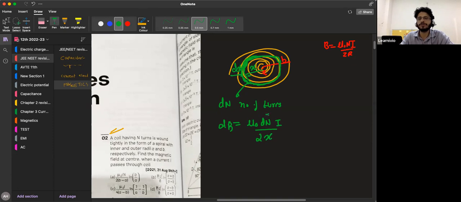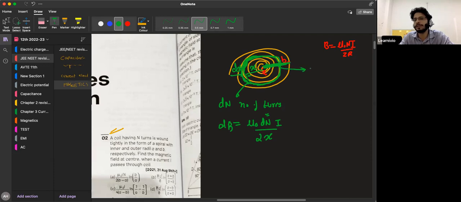Now the issue is with this dn. How to calculate this dn? The total number of turns in the spiral is N, and the spiral starts from this point and goes up to here.